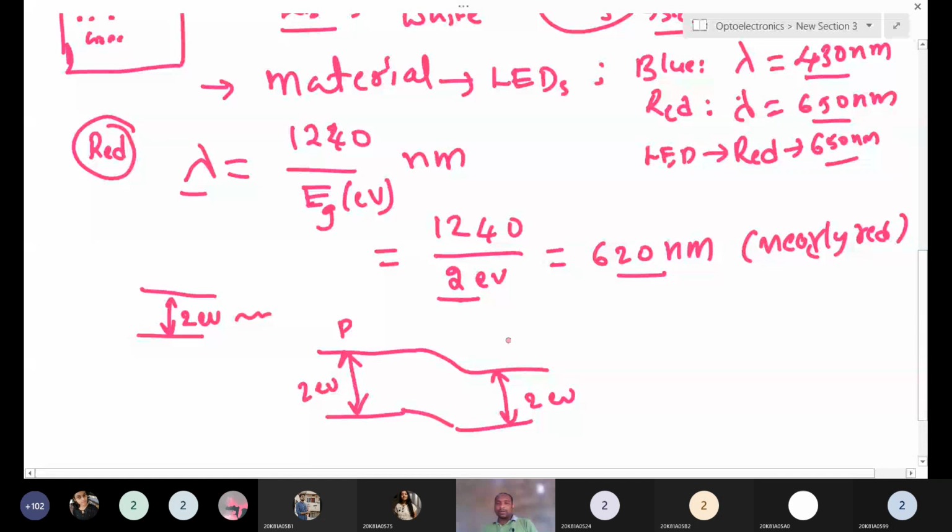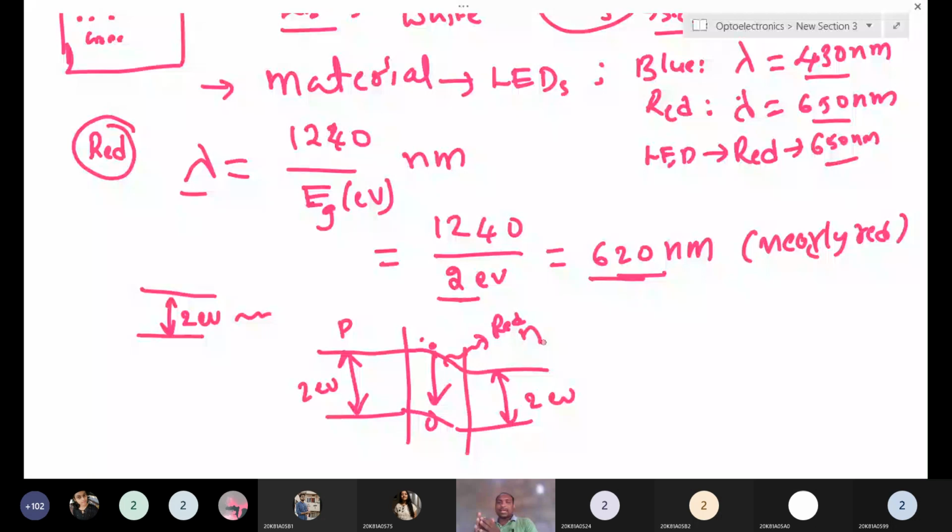So according to your requirement you choose the material, with a band gap of about 3 electron volts, and you will get only blue color from the LED lamp. This way we choose the material and get the required color.